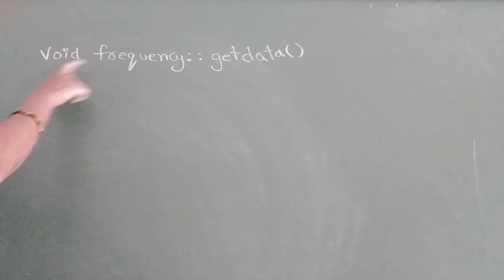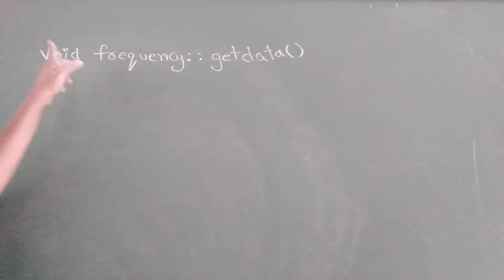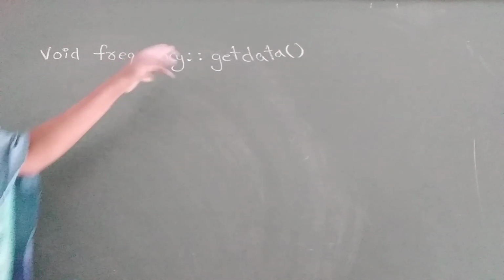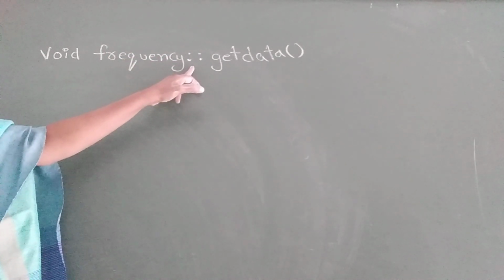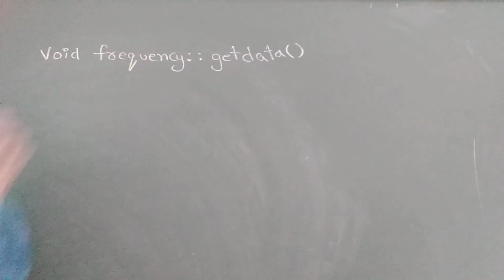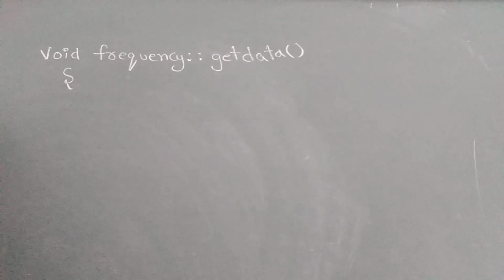This is called the function header. When I am defining a function outside the class, the class name and scope resolution operator should be there. It is very important to mention the class name and scope resolution operator. Now the body started here.